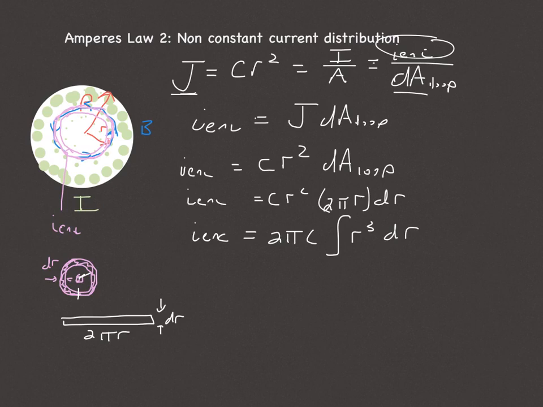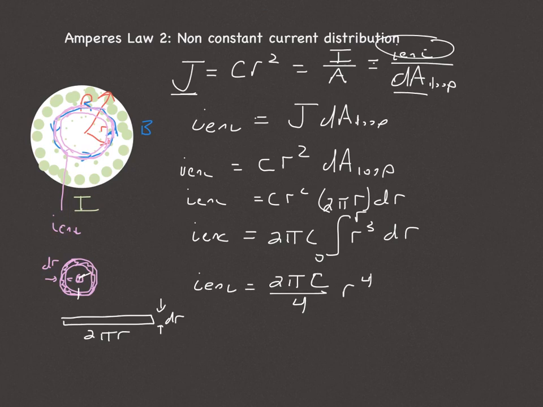And you can see that we get 2 pi c over 4 r to the 4th, going from 0 to r. I know it's a little bit redundant using the same variables here, but that would be evaluated from 0 to r, plug r into r, ends up being the same thing. All right? So that'll be the total current enclosed.